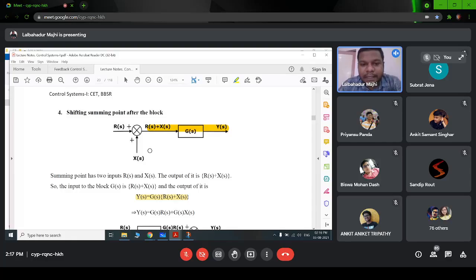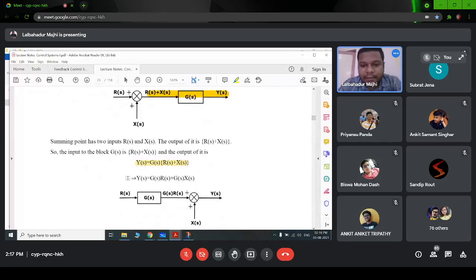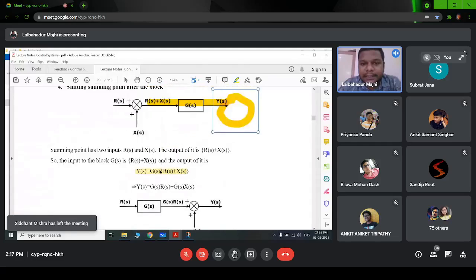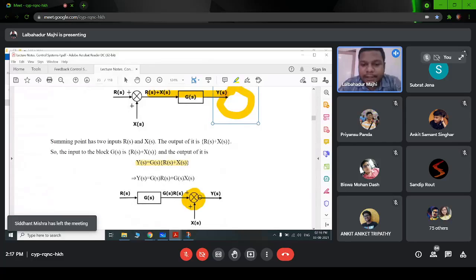So as you know, we have to shift this summing point here. Then we have to maintain our output Y(S), which is equal to this one. So here we have shifted our summing point beyond this block, right?